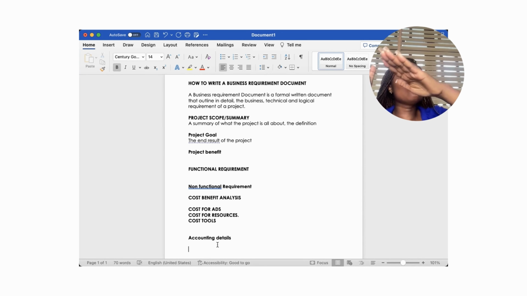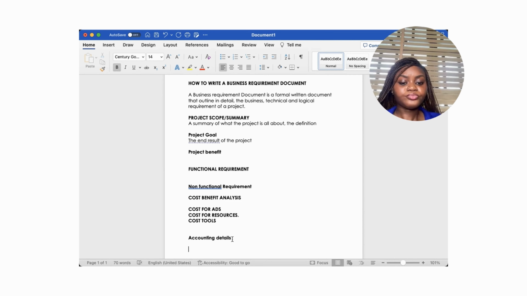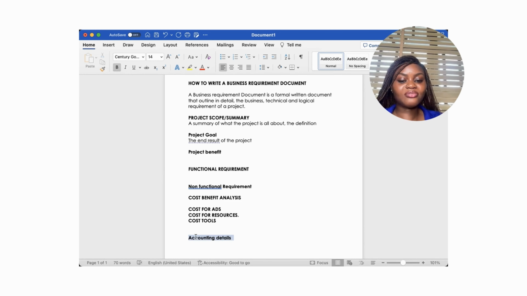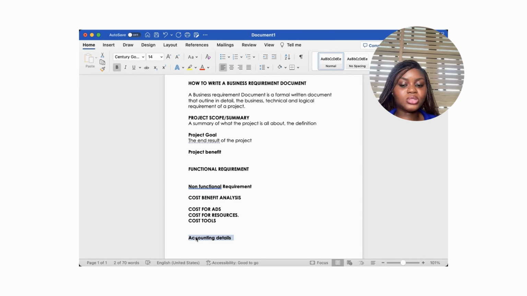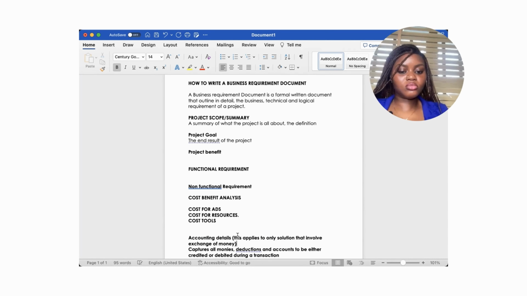All the money will go where it is supposed to go for the purpose of auditing and accounting. You understand the importance of this, and that money goes where it's supposed to go. This is the essence of accounting detail. But I must say that this does not apply to all projects, because not all projects have accounting attached to them. But for projects that require accounting details, it must be included.